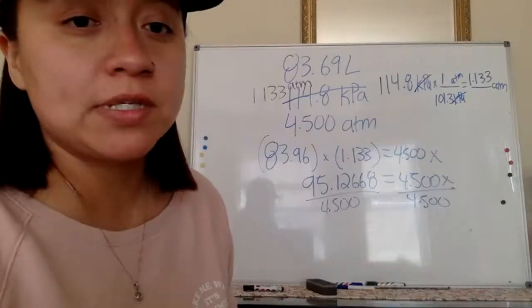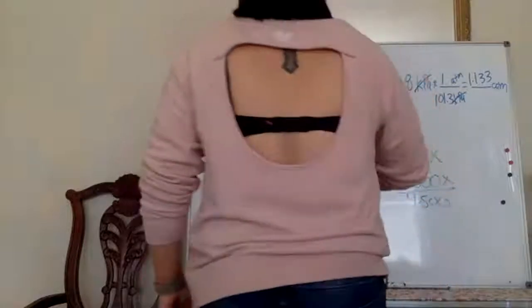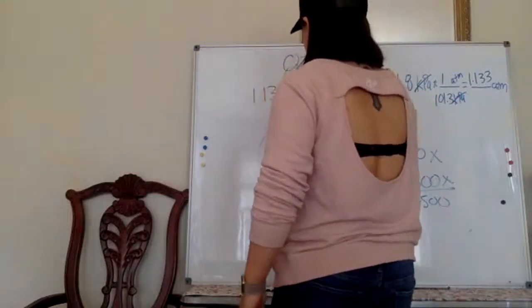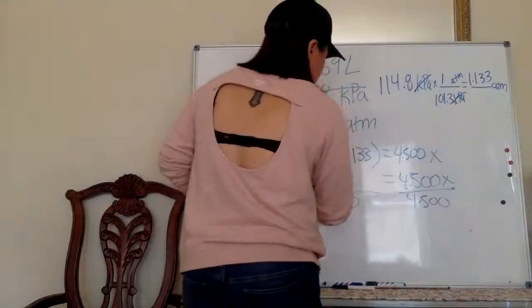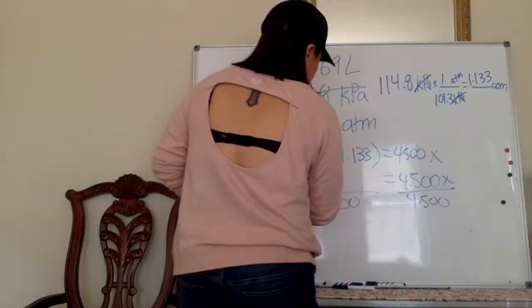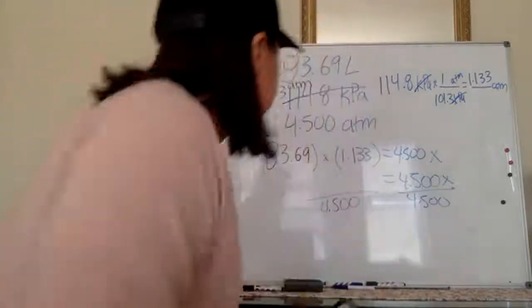Yeah, it's 83.69. I'm sorry, I put 96 again. My bad, I did that again. Give me 1 second. This number would be different. I'm sorry, Evelyn. I keep putting that.